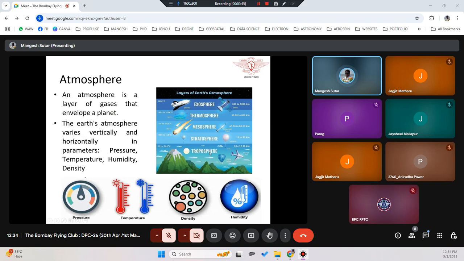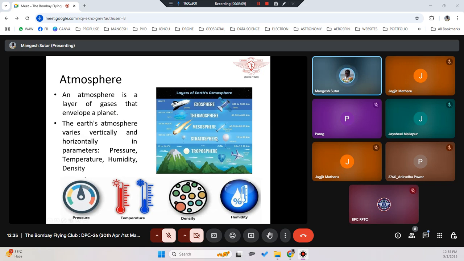The temperature in the troposphere varies from 15 degrees to minus 56.5 degrees. So as you climb up, your temperature will start dropping. It will become more and more cold.